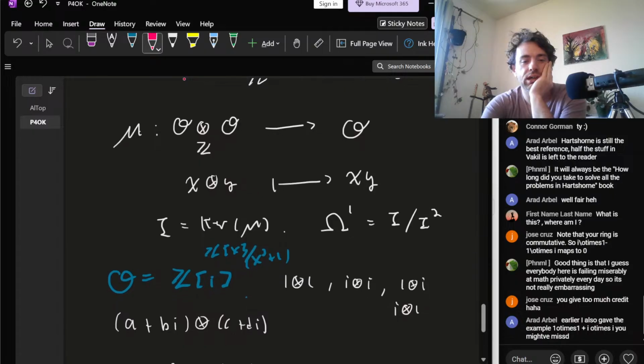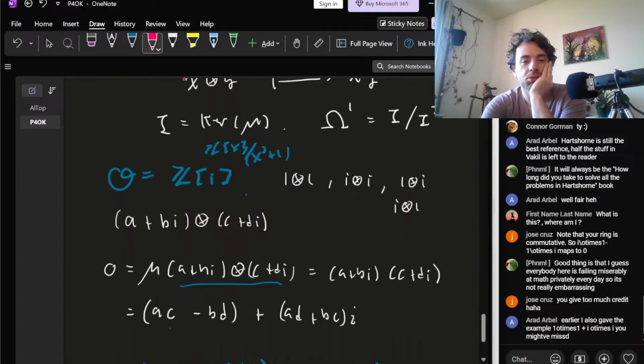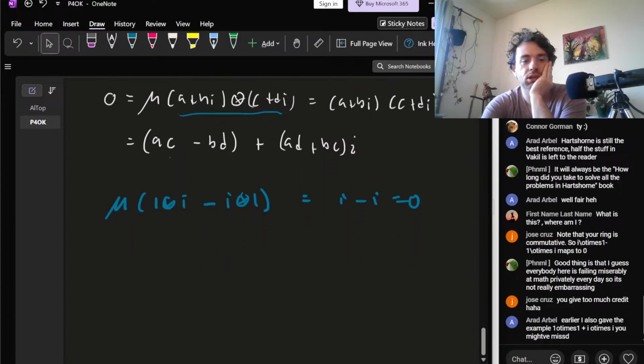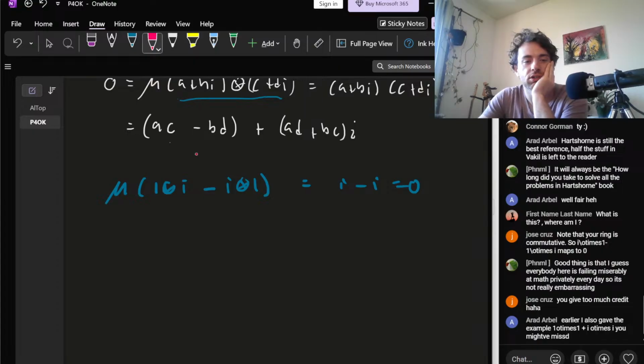Okay, great. So then how can we compute the kernel? I guess maybe we could compute it in terms of this basis, right? So let's compute the kernel in terms of this basis. So let's go A plus B plus C plus D. Yeah, this is the way to do it.